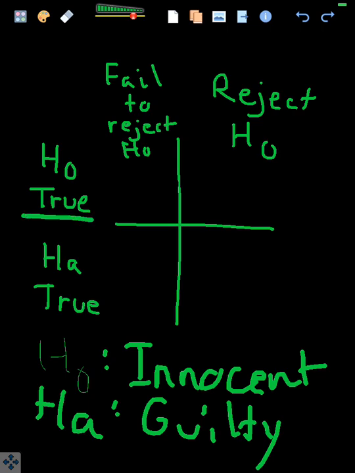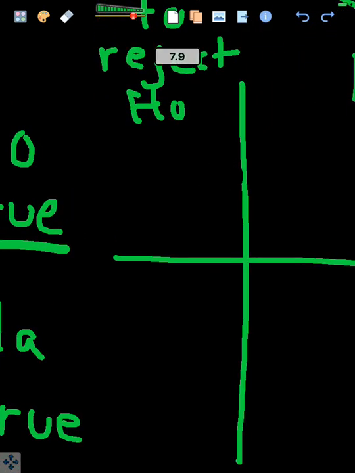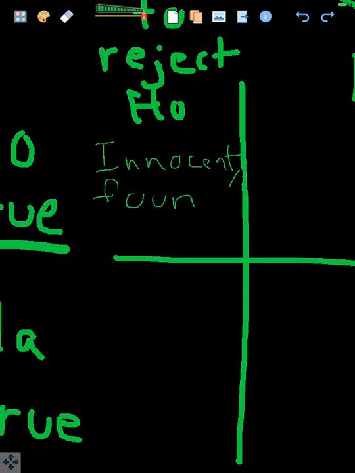So now let's say I'm innocent. So H0 is true. Now, if we fail to reject H0, that means we didn't get enough evidence to say we're guilty. So basically, I'm innocent, and the jury finds me not guilty.